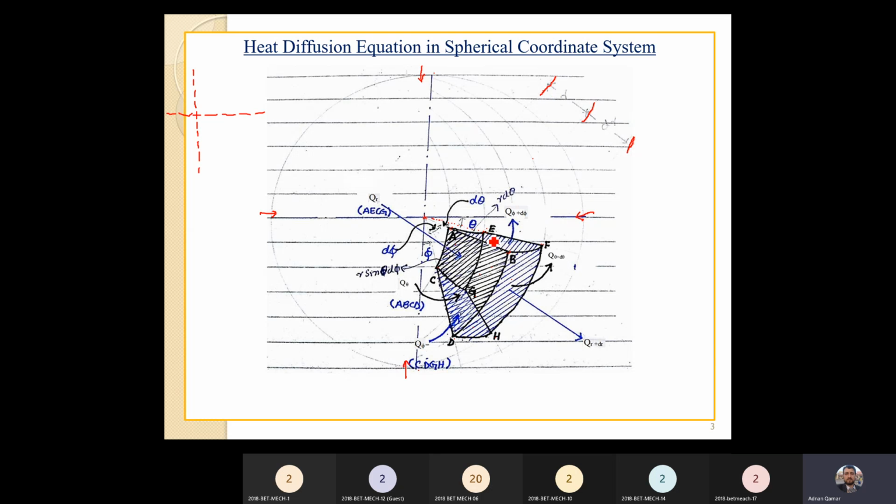So the distance of this piece of element that is cut from the sphere, from the center to here, is r, represented by small r, and because it is a very small piece of element, of negligible thickness, it is represented by dr. The thickness from here to here, in each case in the radial direction, is equal to dr.